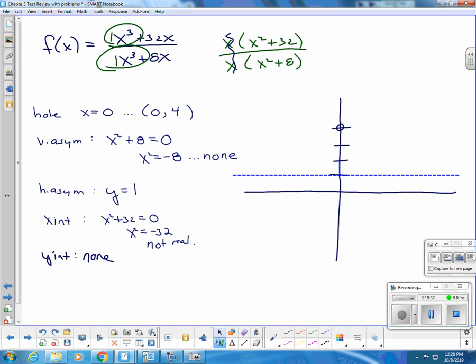All right. Does anybody notice that the function is even? Isn't the function even? If I put a negative x in there, I'm going to get the same function back. So we have a reflected graph here. So I know it's going to come along this asymptote.